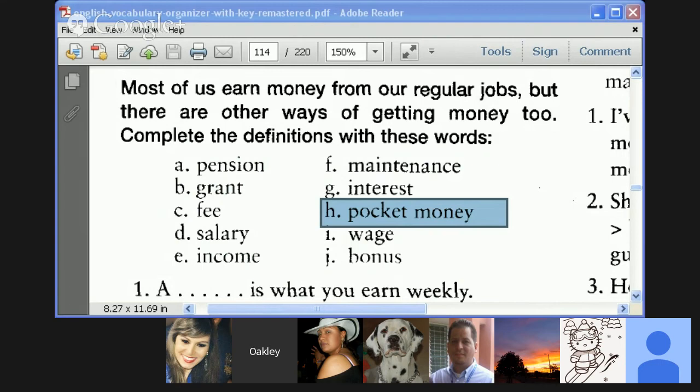We also have the word allowance. This is used in America a lot differently than the rest of the world. I only knew this meaning before I lived in different countries.